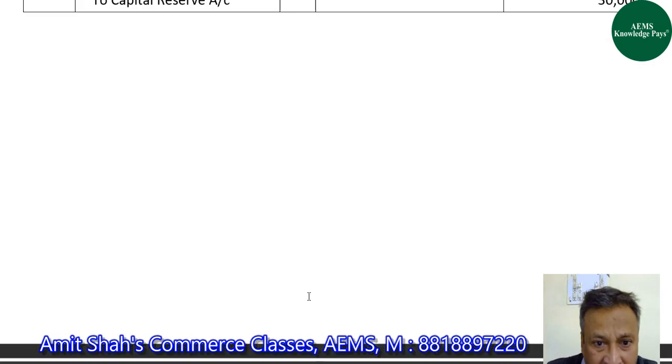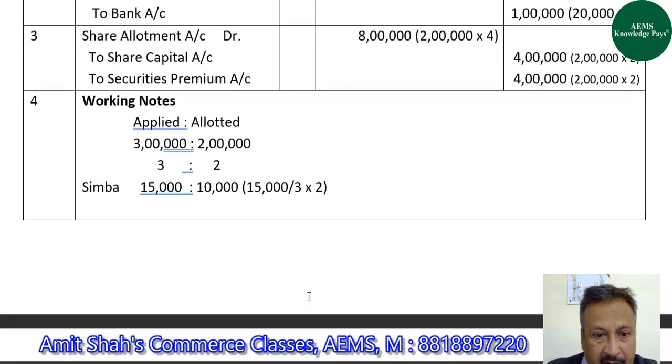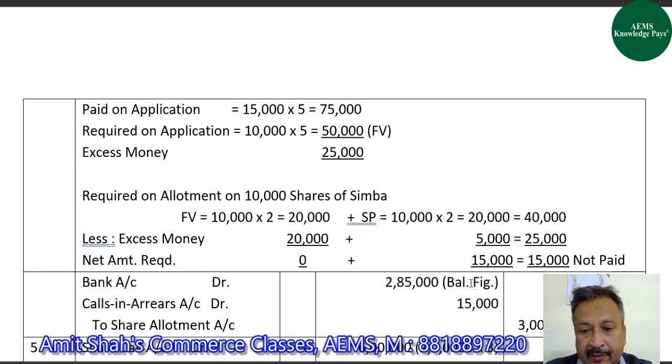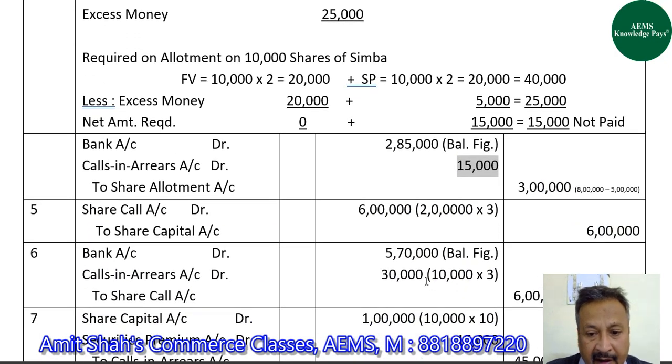And what was the amount? We have not received on allotment premium of 15,000. And that only we have debited to calls account here. So this 15,000 of allotment and this 30,000 of first call we have not received. This 30,000 does not have any premium. Why?